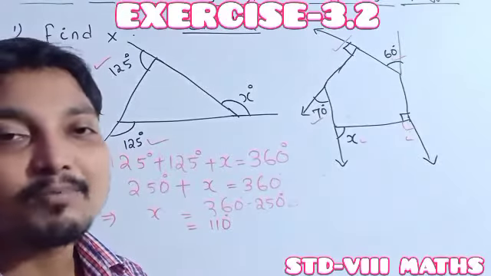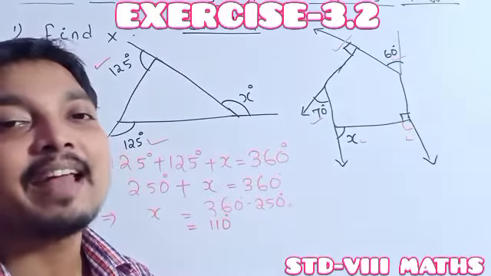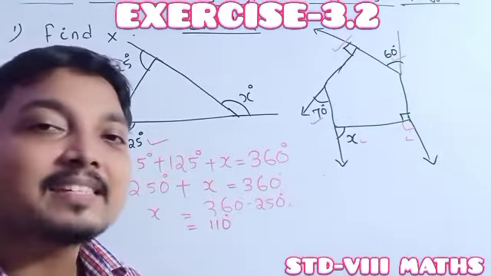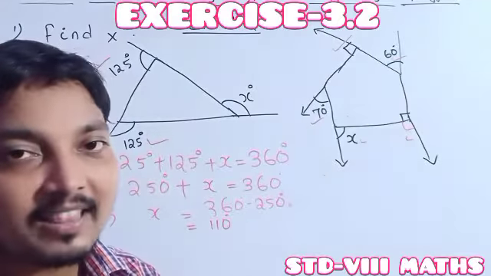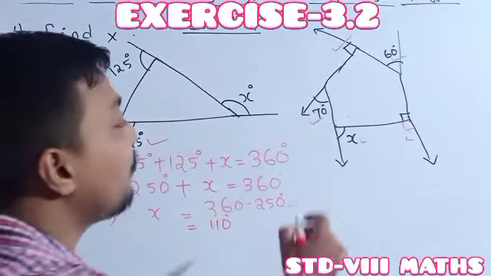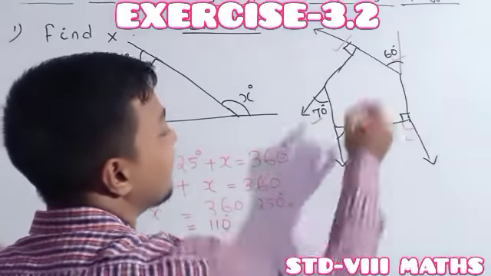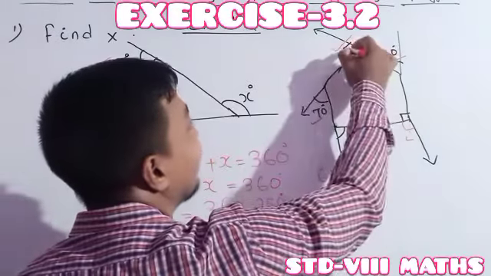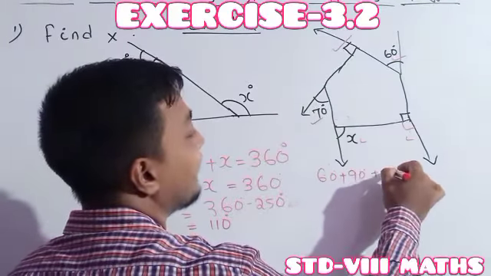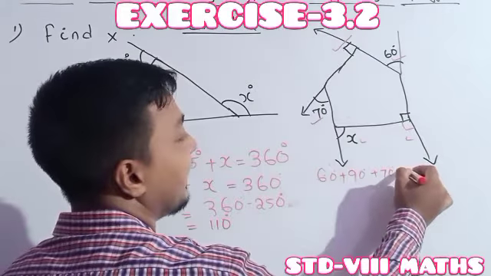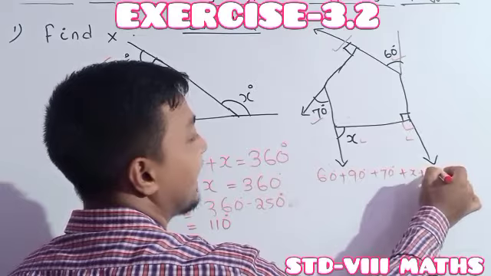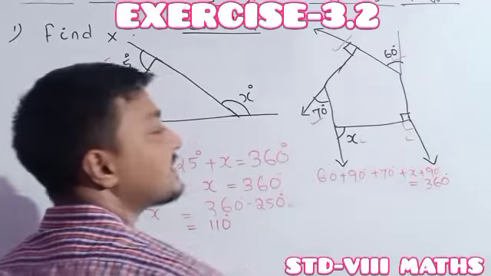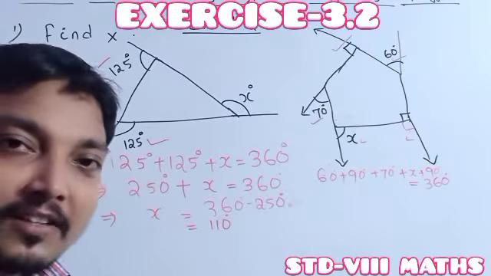So we just have to apply the sum of the exterior angles of a polygon property. As we know, the sum of the exterior angles of any polygon is 360 degrees. So we write 60 degrees plus 90 degrees plus 70 degrees plus x plus another 90 degrees equals 360 degrees.